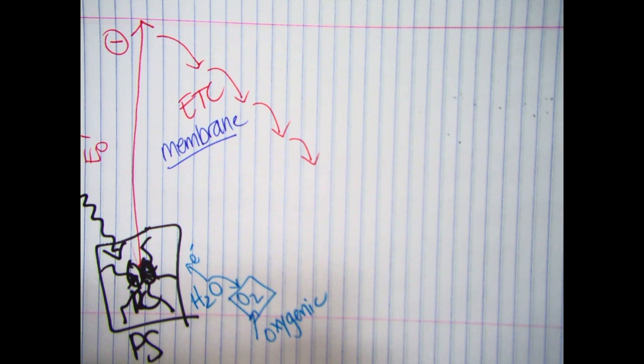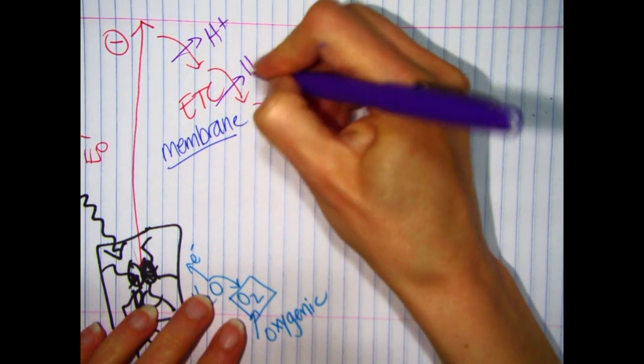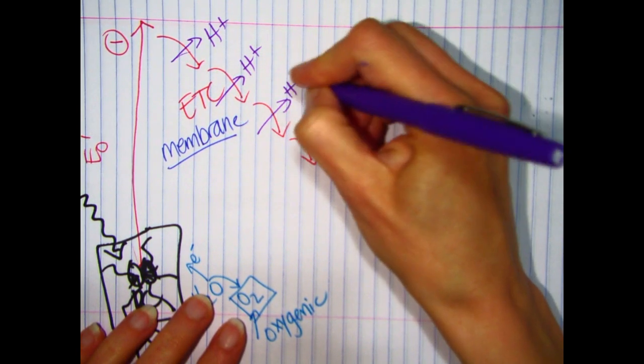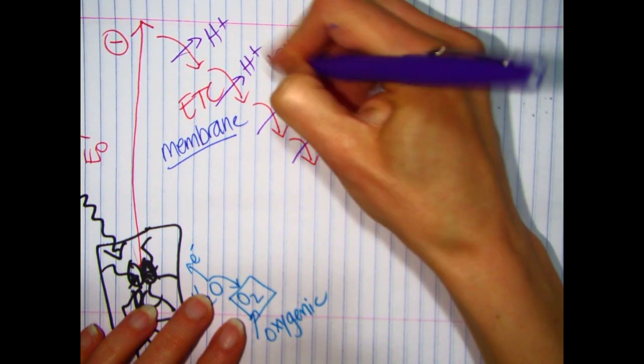In any case, the electron transport chain happens in the membrane, and as the electrons go down the electron transport chain, just like in respiration, protons are pumped to one side of the membrane, creating a PMF.